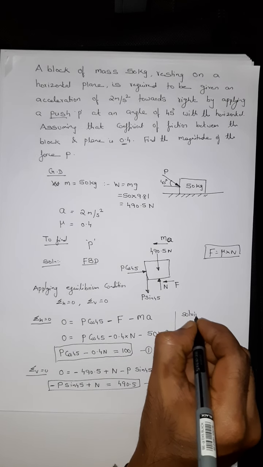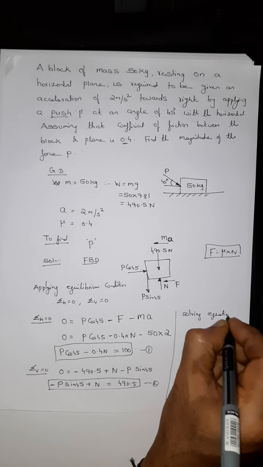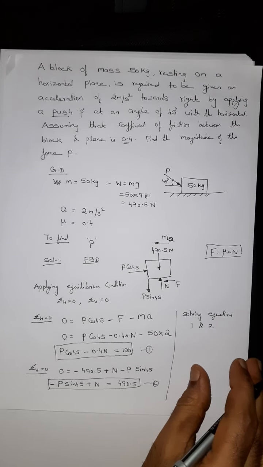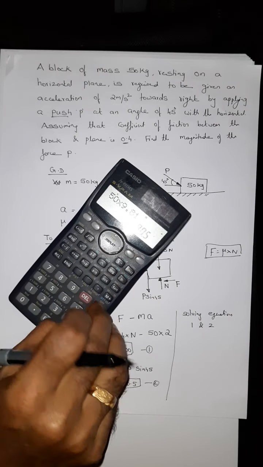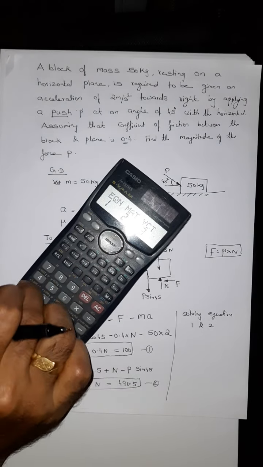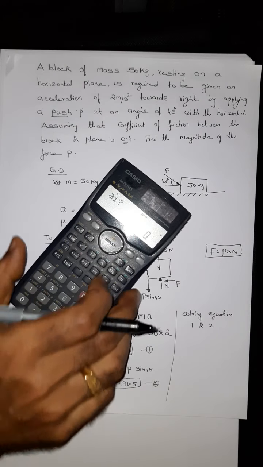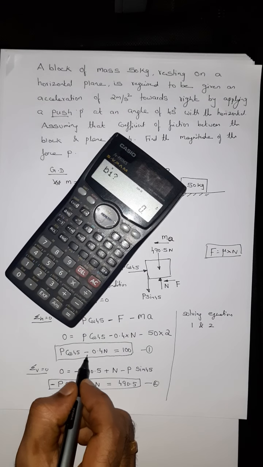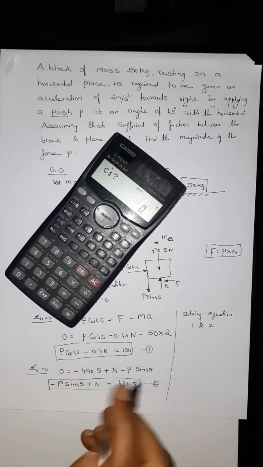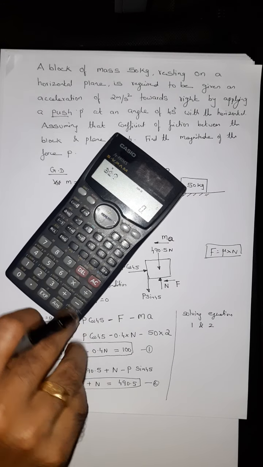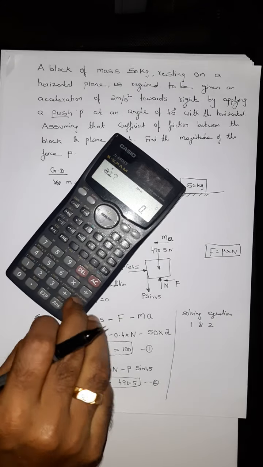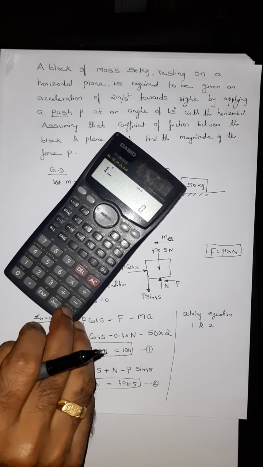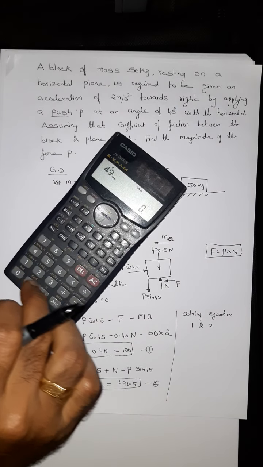Solving equations 1 and 2. Change the mode. Equation, 2 unknowns, so a1 as cos 45, b1 is minus 0.4, c1 is 100, a2 minus sin 45, b2 is 1, c2 is 490.5.